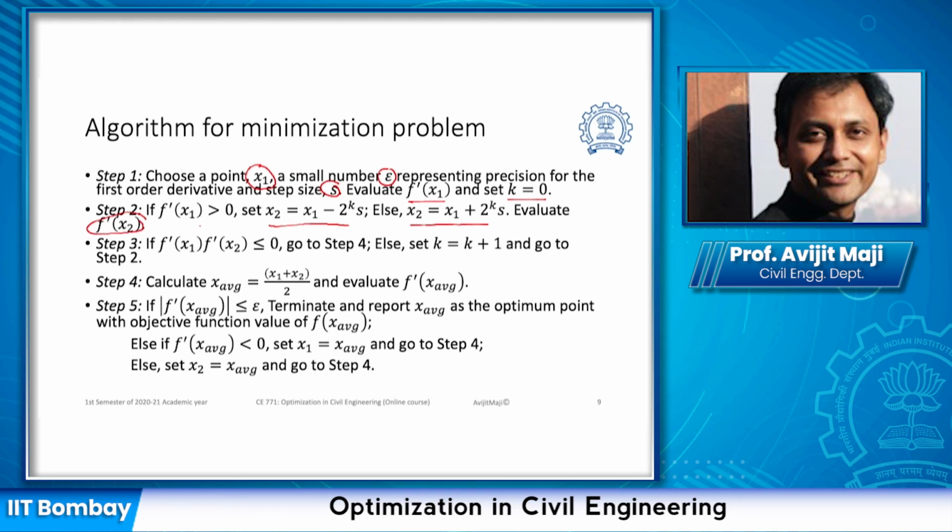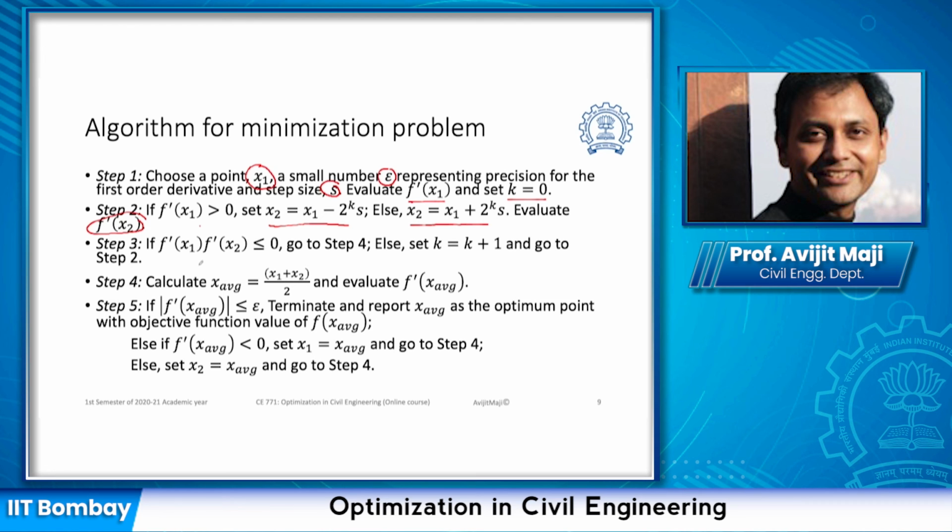In step 2. Now in step 3 we need to find the slope at the 2 points which we have chosen so far, and if we find that the slopes are of opposite nature, then we can start the process of the bisection method.